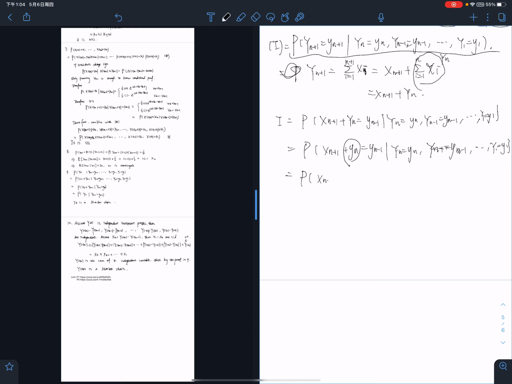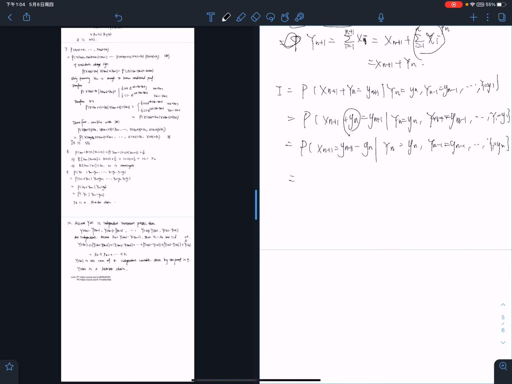It should be Xn+1 equals yn+1 minus yn on the condition Yn equals yn, Yn-1 equals yn-1, until Y1 equals y1.